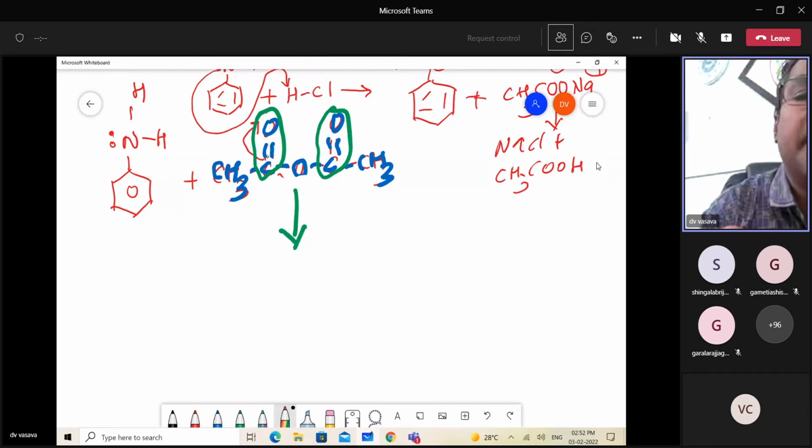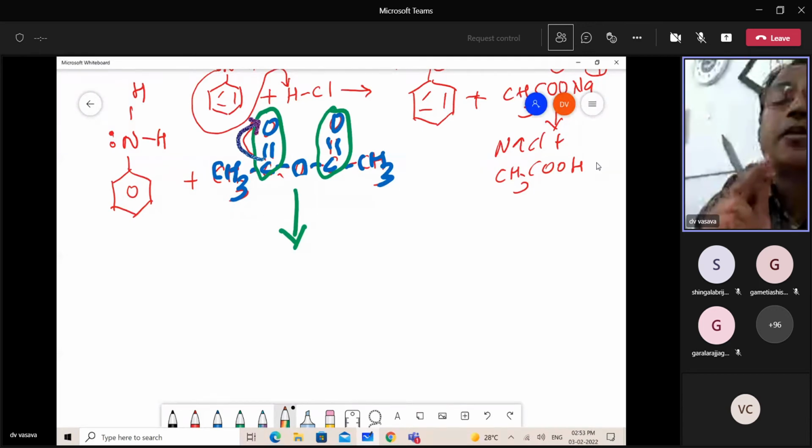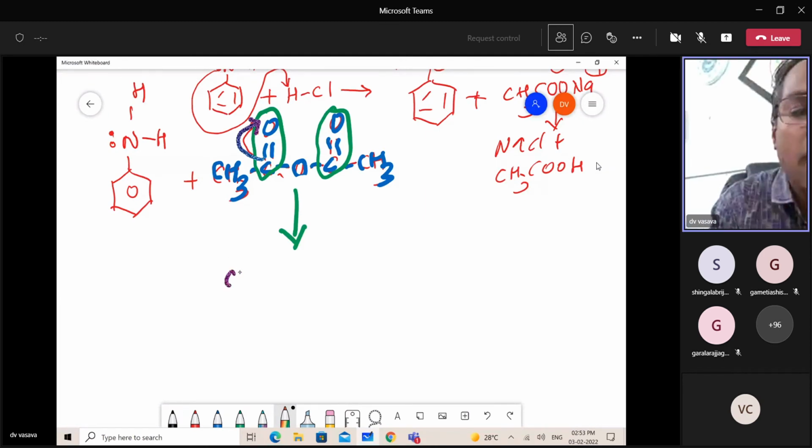So what will happen? There is a pi bond. This oxygen, being more electronegative, will cleave the pi bond and the electron will be taken by the oxygen, because oxygen is more electronegative than carbon. So what do we get?